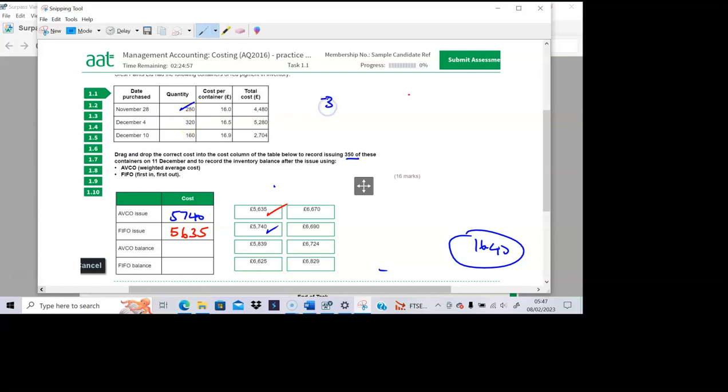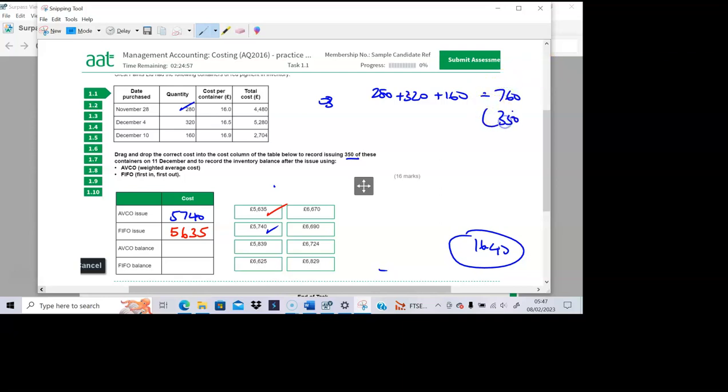You could say that in total we had 280 plus 320 plus 160, which is 760. That's what you have in total.